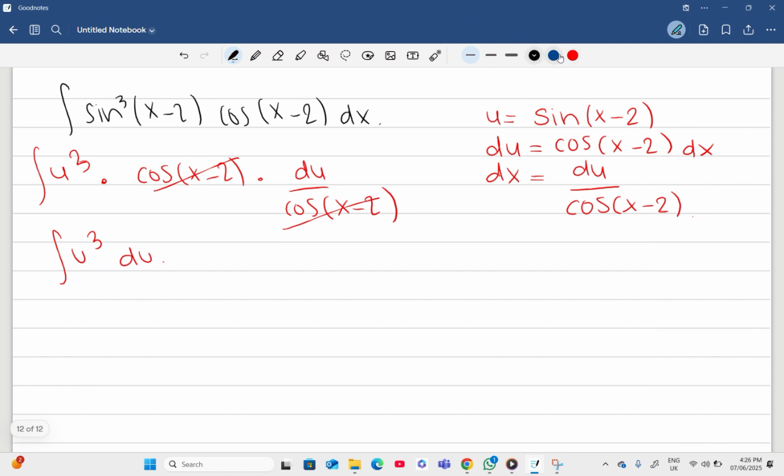Let me just integrate this. It's going to become u to the power of 4 over 4 plus c. Now I'm just going to get my original function in, which is sine x minus 2, so I'm going to take sine to the power of 4 of x minus 2 over 4 plus c, and this is going to be my final answer.